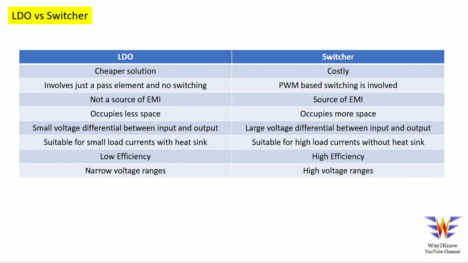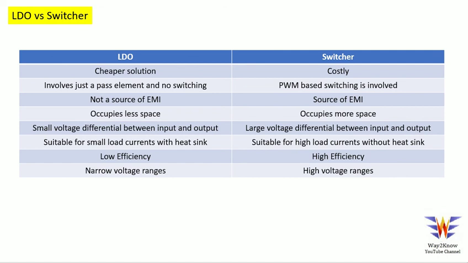So there is some amount of EMI that could be generated out of the circuit. It depends entirely on how efficiently we do the PCB layout. So a switcher is a source of EMI, whereas with an LDO you do not have that EMI because there isn't any switching involved.